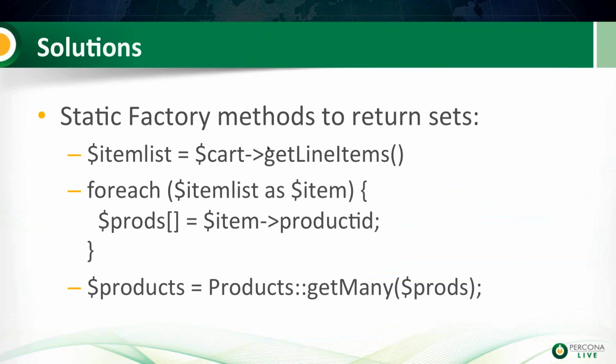Another solution could be to, instead of calling new to get an individual object each time, implement a static class method for products that we can pass a list of item IDs, and it will use a range query in a single query to populate a collection of instances of that object. So here's an example where we iterate over our line items, collect up all the product IDs, which may be a scalar attribute of an item, and then based on that, build up an array and pass it to the static factory method, which will return a collection of products.